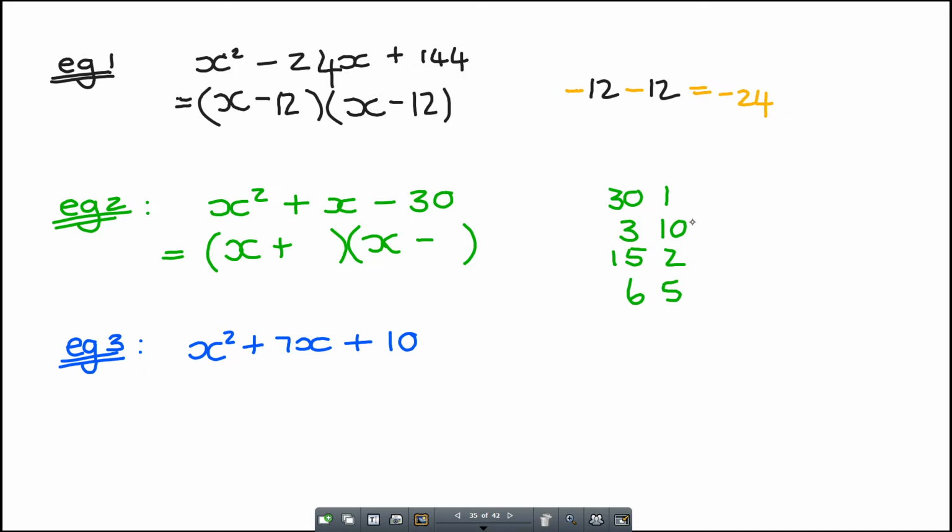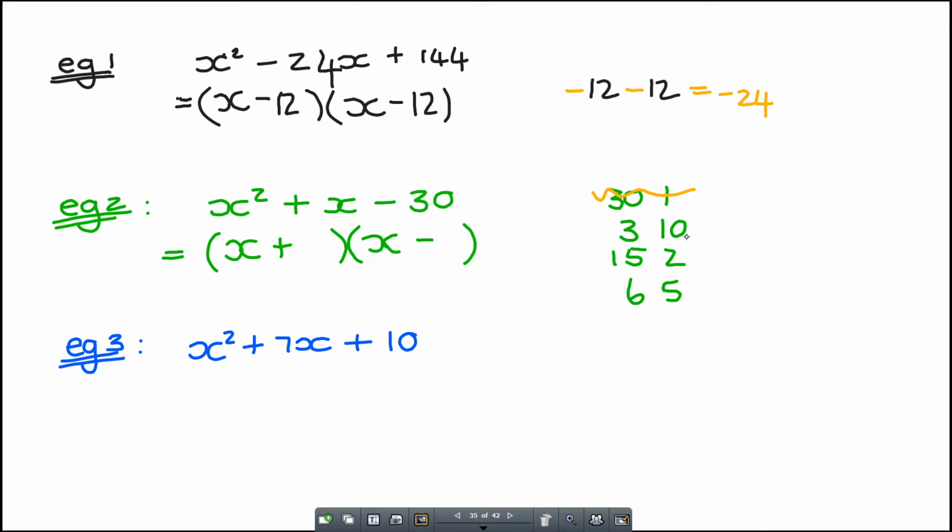Now I've got to use one of these combinations, and I've got to get what's written in front of that x, a 1. So I must get positive 1. Do you agree that with 30 and 1, there's no way I can get to a positive 1 as an answer? Doesn't matter what I fill in, so that one is out.